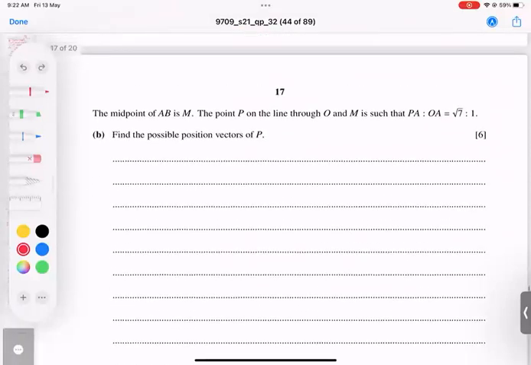Okay, done. Now the last part of the paper says M is a midpoint of AB. So let me make a diagram. This is A, this is B, this is O. The midpoint M, this gap is equal.